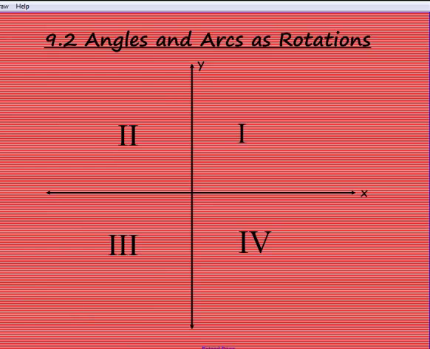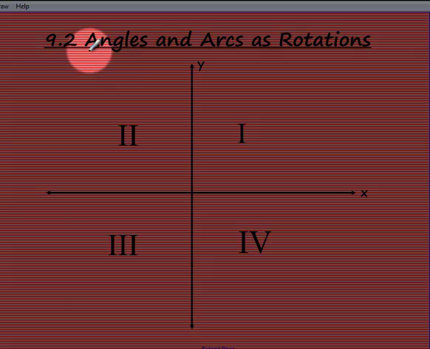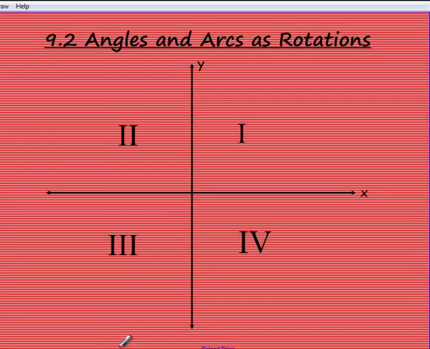All right, so we're going to start off our trigonometry with angles and arcs. And we'll show you how they tie into triangles a little later on. But let's go back to geometry for a second.